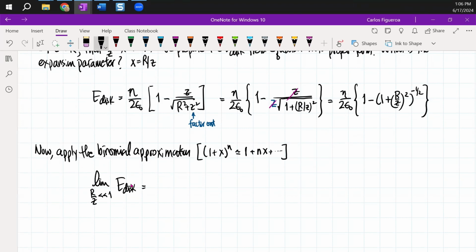Okay, so if I do that, then I'm going to write this here. I'm going to get 2 epsilon into eta. Then I get this term, which will be 1. Now look what I'm going to get. My bracket term is this, so I'm going to get 1 minus 1/2 R squared over Z squared, and then I have the higher order terms that we ignore.